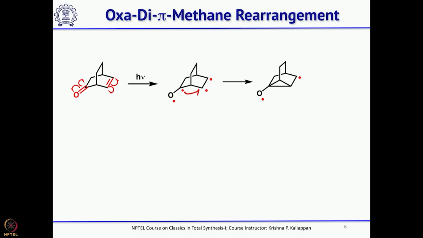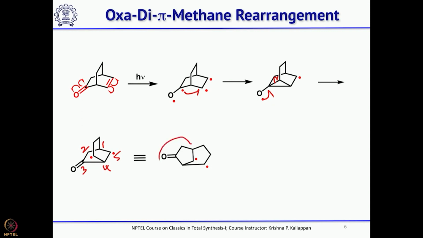Then this radical on the oxygen will come back and open this cyclopropane to give this bicyclic diradical. This bicyclic diradical one can easily redraw like this. You can see here this is 1, this is 2, this is 4, this is 5.